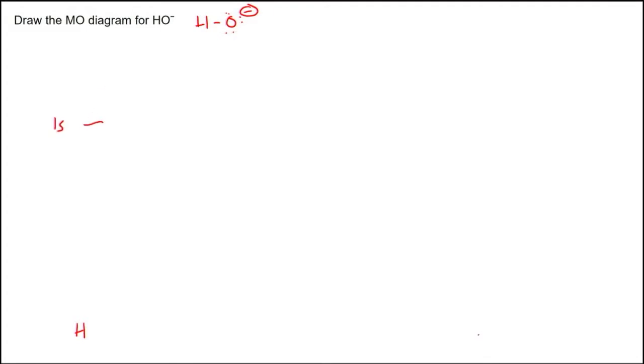Over here I'm going to have my oxygen, simply as O minus, where the extra negative charge is located. Oxygen is a more electronegative atom than hydrogen, so I would expect the orbitals for oxygen to be lower in energy compared to the hydrogen. So I would expect my 2s to be somewhere down here, and then I would have my 2p's over here. So the bare bone stuff is in there.